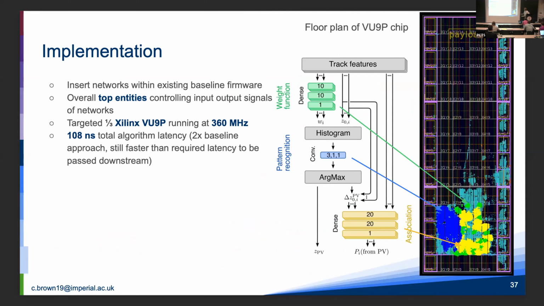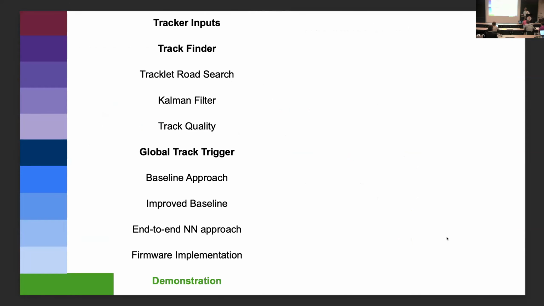You see, these big splodges show you the overall floor plan of where they fit in our FPGA. The only other thing to mention is that the overall latency of this algorithm, so the entire chain, is 108 nanoseconds. So we can do this inference incredibly quickly while staying within the overall size of the chip very nicely. So just to wrap up, the last bit of the talk is just to link these bits together.